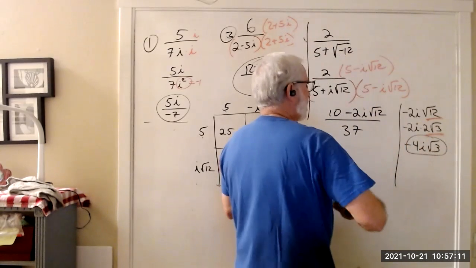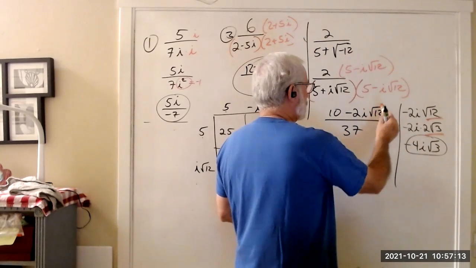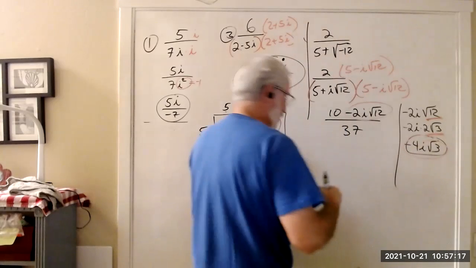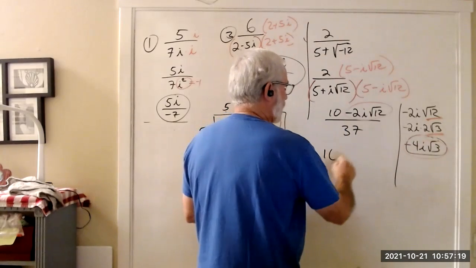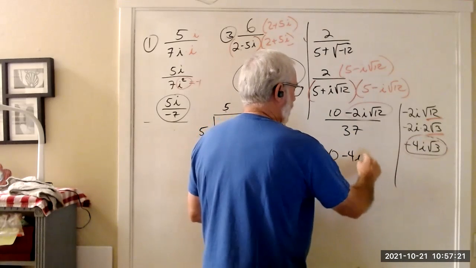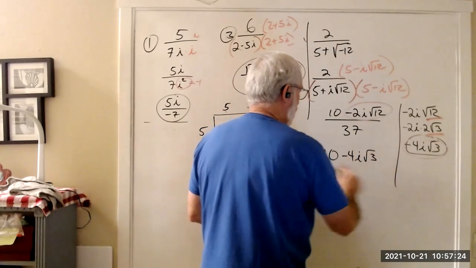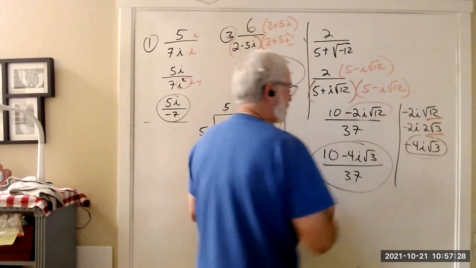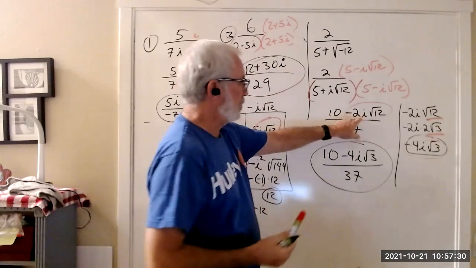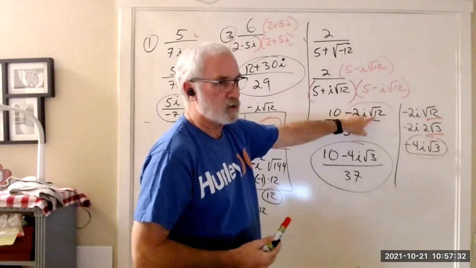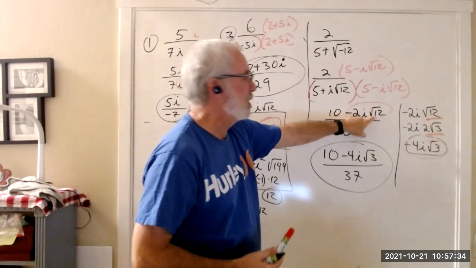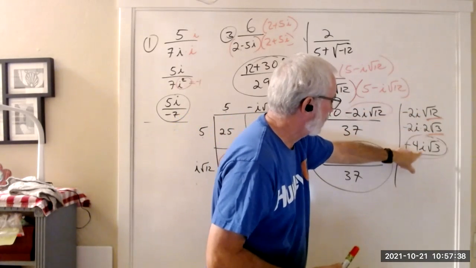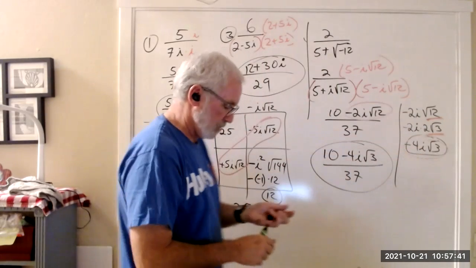So this mess became this mess. Final answer, 10 minus 4i radical 3, all divided by 37. I knew the square root of 12 had to be simplified somehow, so I came up to my scratch paper, worked it out, and then brought it back here into my answer.